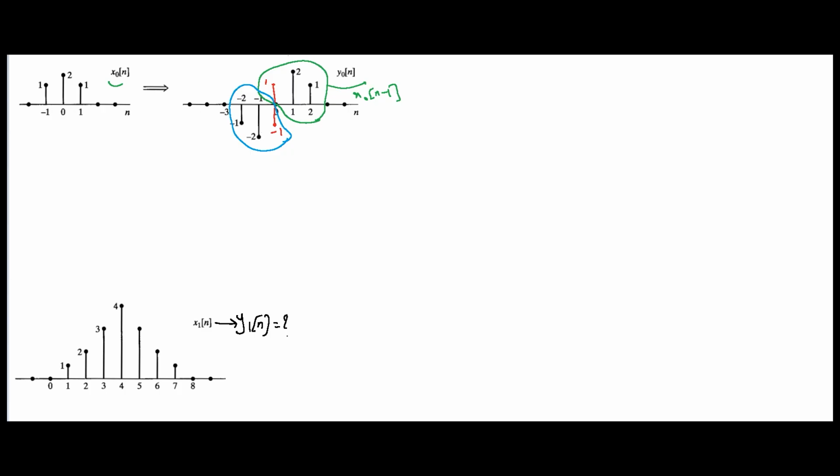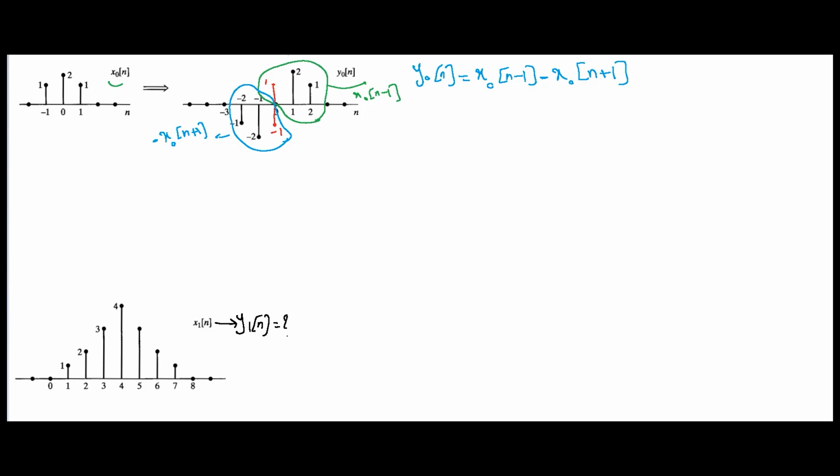Similarly, the second part is x0[n] shifted 1 sample to the left and multiplied by -1. Therefore, it can be written as -x0[n+1]. As a result, we can express y0[n] as x0[n-1] minus x0[n+1].